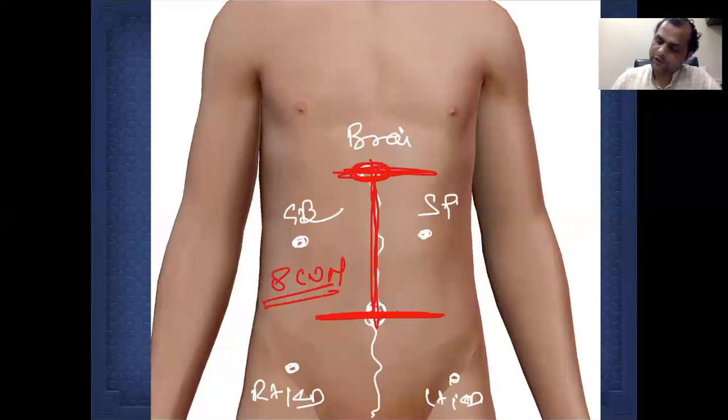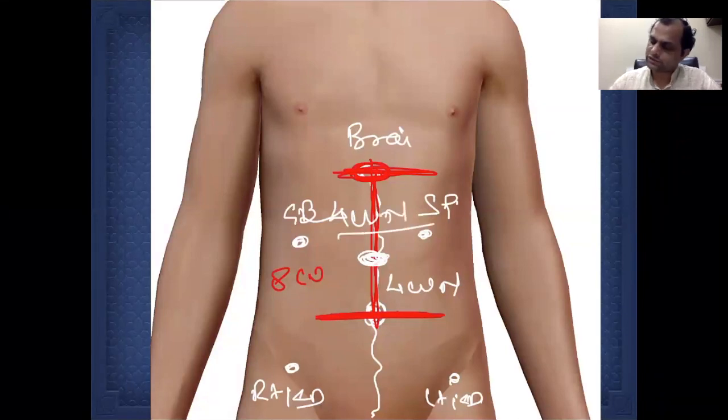If we take one point at the center of this, it will be 4 chun from here and 4 chun from there.